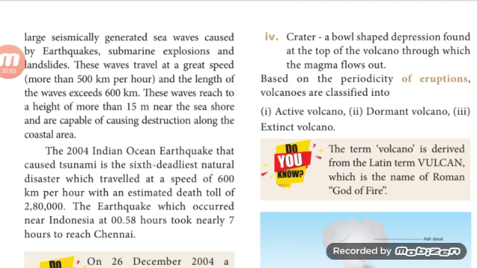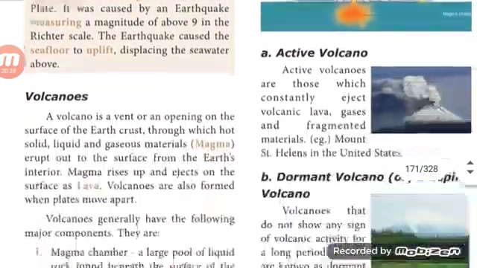The best example for tsunami is the tsunami which took place in 2004 under the Indian Ocean, traveled at a speed of 600 km per hour with an estimated death toll of 2,80,000. Next, let us study about volcanoes.